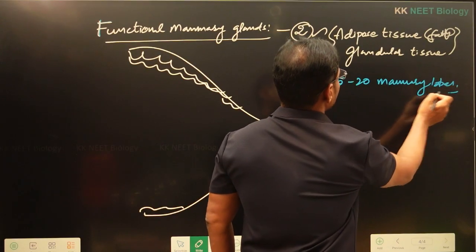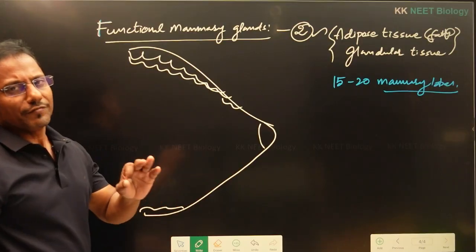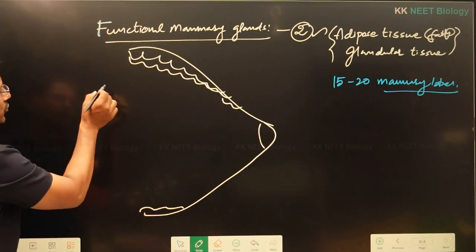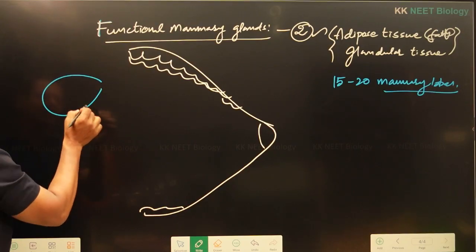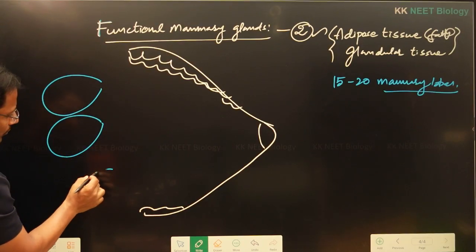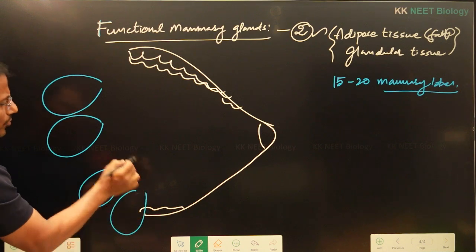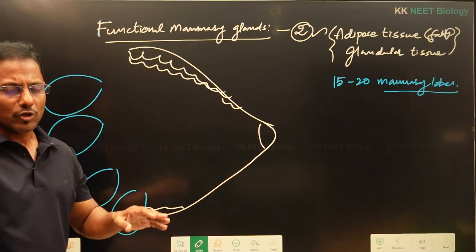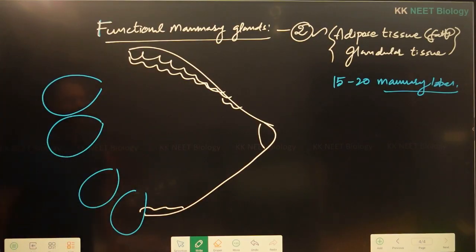So how many mammary lobes are present in each mammary gland? 15 to 20 mammary lobes are present. Assume that this is a mammary lobe, and this is one more mammary lobe, and this is one more. Like this, around 15 to 20 mammary lobes are present in a mammary gland.